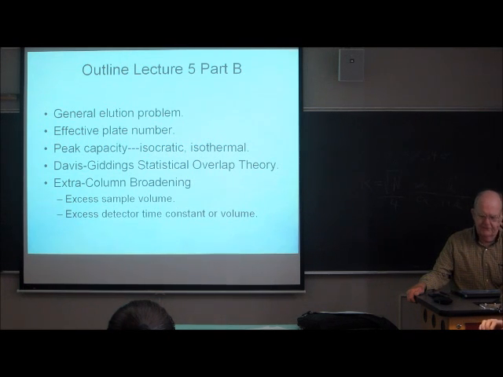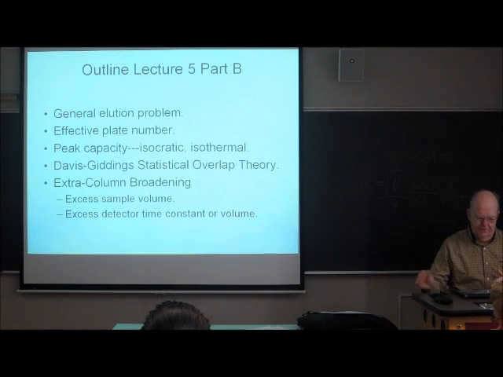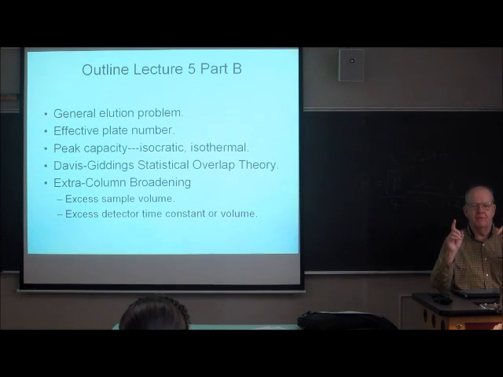And the first of these is a concept that's called the effective plate number. And I'll define it and explain why it was invented. Then we'll talk about a very important concept called the peak capacity. The peak capacity is defined as how many equally well-separated peaks can you fit in between 2 points on a retention scale.